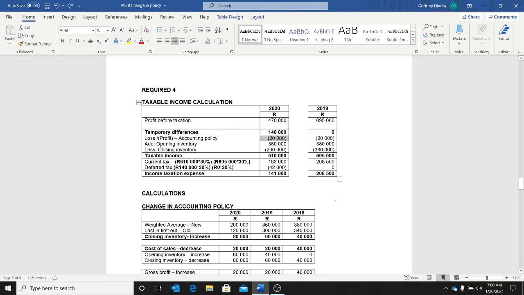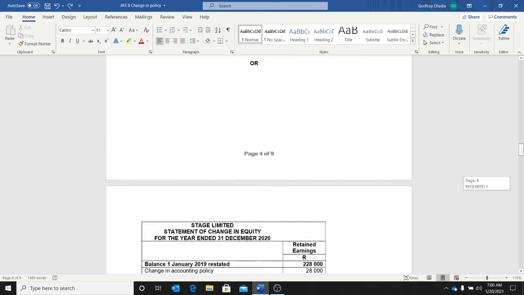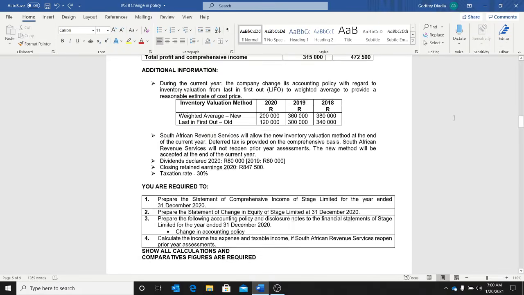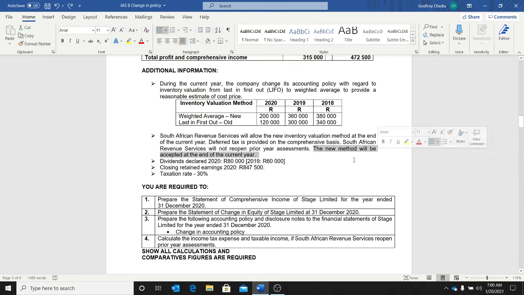Right. Now here they are saying to you, your opening inventory in the year 2019 is 380. Okay. Because you must read according to the question, they're saying the new method will be accepted at the end of the current year.